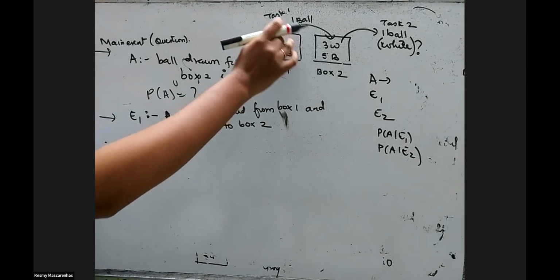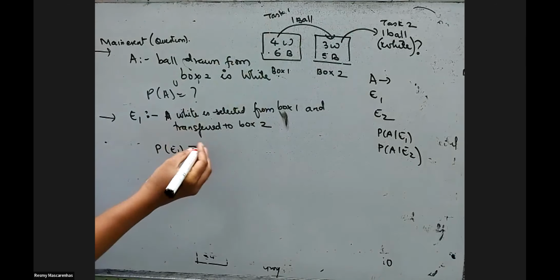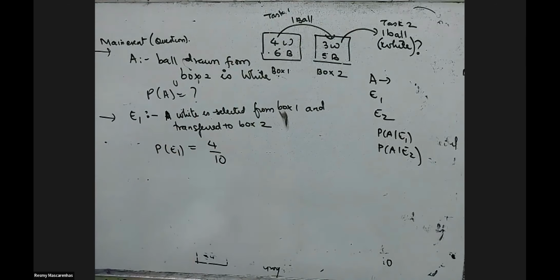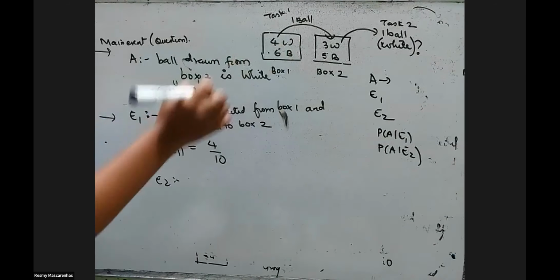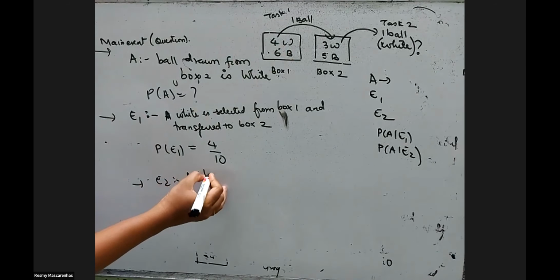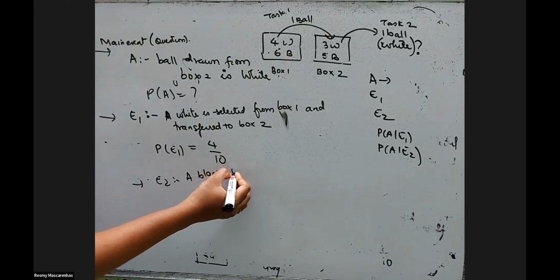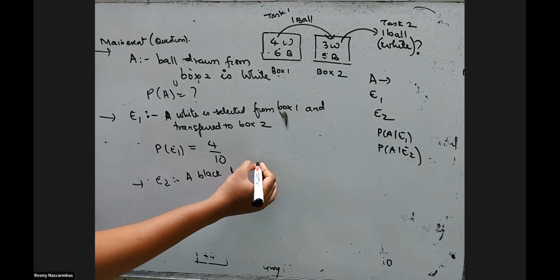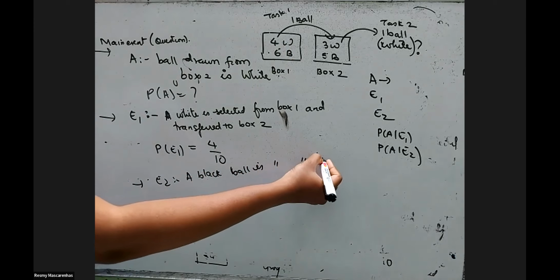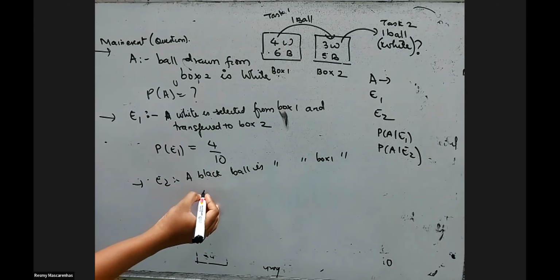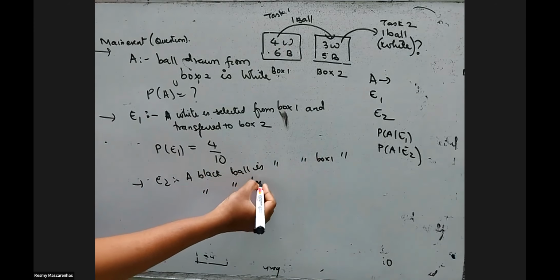Okay, so you're picking and then throwing it here. Chances are 4 out of 10. You can write it as 2 out of 5 also. You can leave it like that; later we'll see while calculating. Next, E2: you have to pick a black ball. A black ball is selected from box 1 and transferred to box 2.